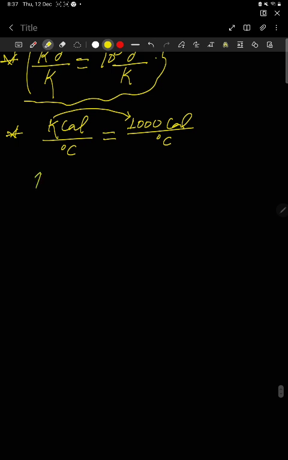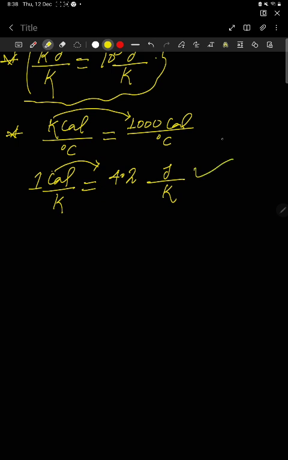Now suppose they give 1 calorie per Kelvin, and I have to convert it into joule per Kelvin. We know that 1 calorie is equal to 4.2 joule, so it will be 4.2 joule per Kelvin.